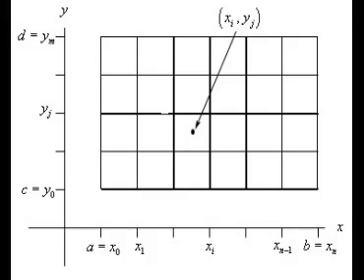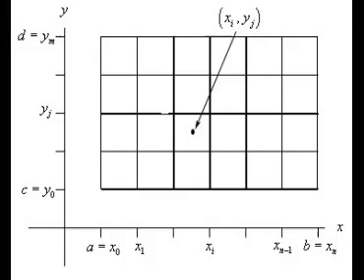We will divide a less than or equal to x less than or equal to b into n number of subintervals and divide c less than or equal to y less than or equal to d into m number of subintervals. This division makes the region R into m into n number of small rectangular regions.